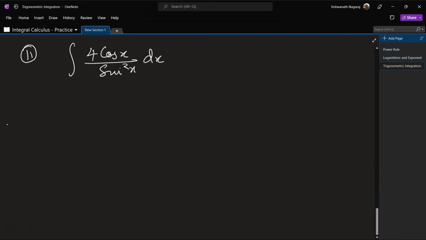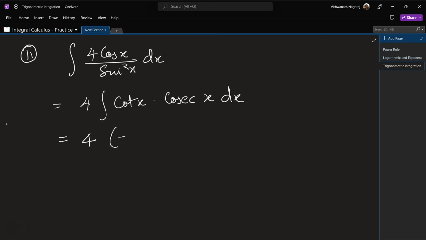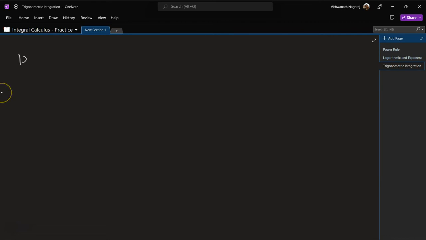We have already seen this. So 4, we can write this as cos by sine is cot x, and we are left with 1 by sine. So 1 by sine is cosec x dx. This is the derivative of minus cosec x. So this becomes minus 4 cosec x plus c.